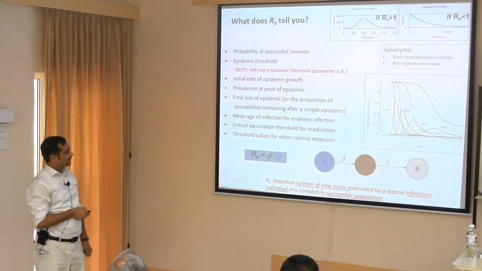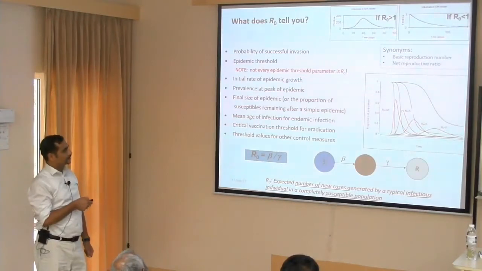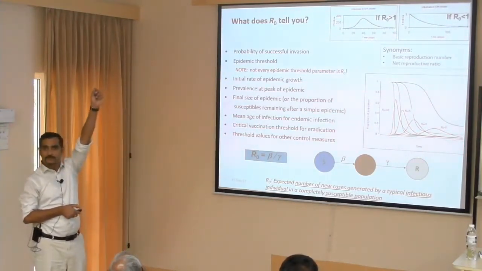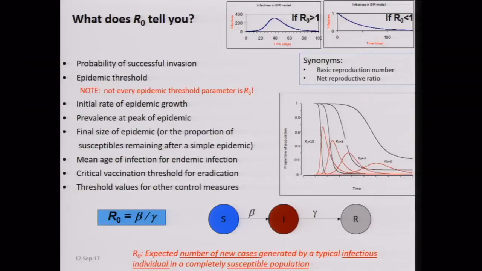So as you increase the value of R0, the epidemic occurs quickly and goes to a very high peak and drops down very quickly. And in natural life, you see this in outbreaks which are single outbreaks.